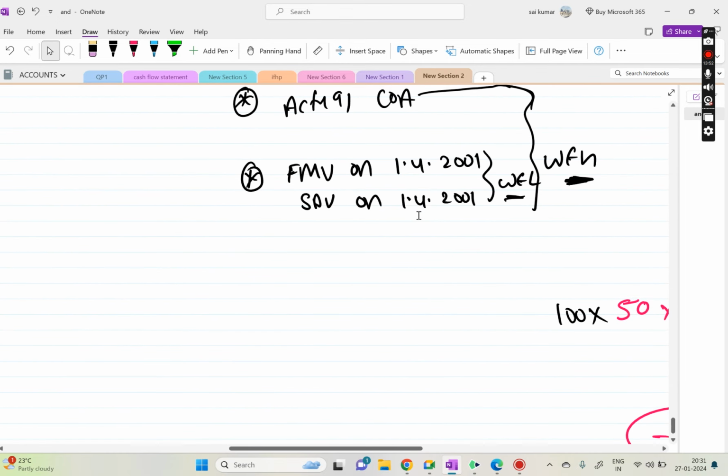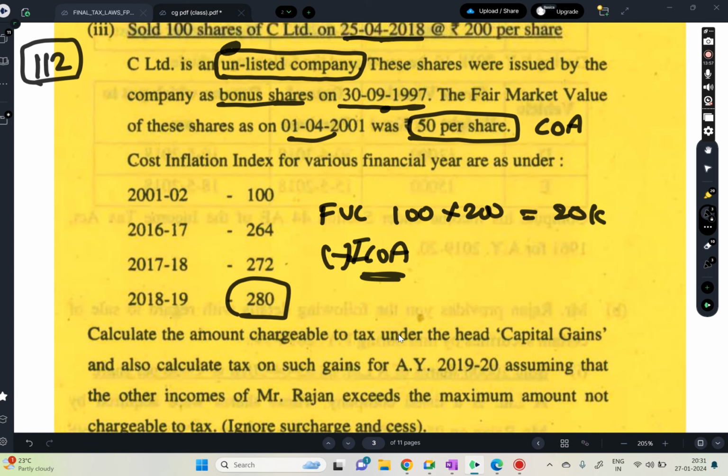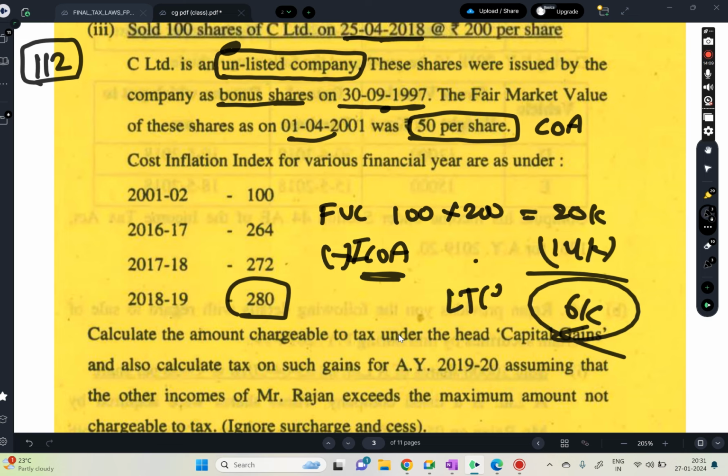Are we doing the answer anywhere? Okay, yeah, here. 14,000 cost of acquisition, remaining will be taxable. There is no indexed cost of improvement, and then remaining will be taxable. This is LTCG under section 112, not 112A.